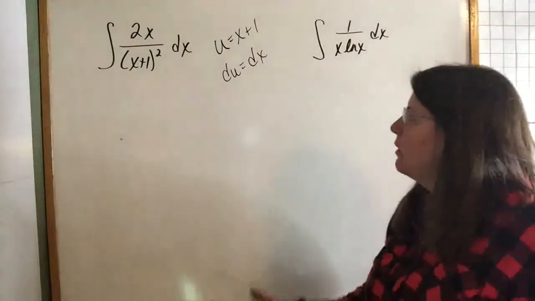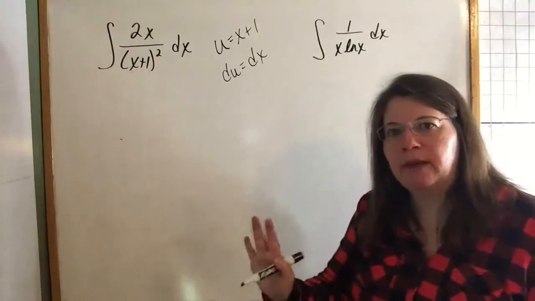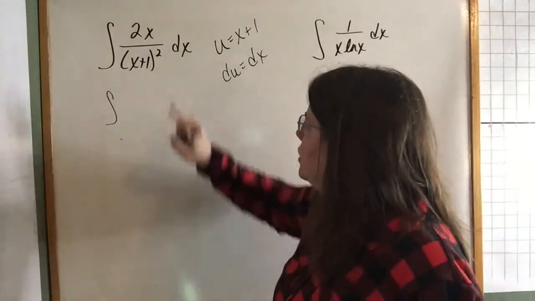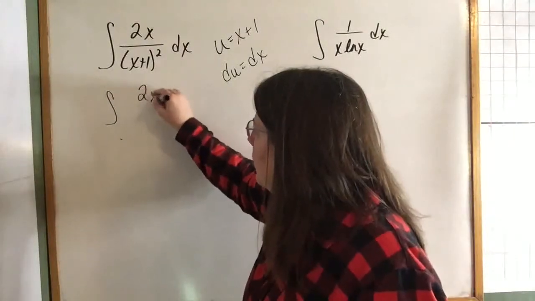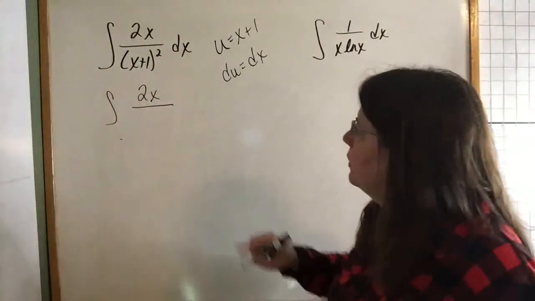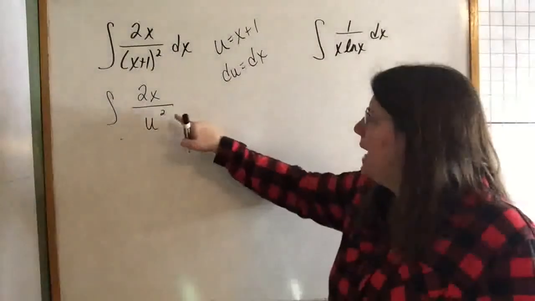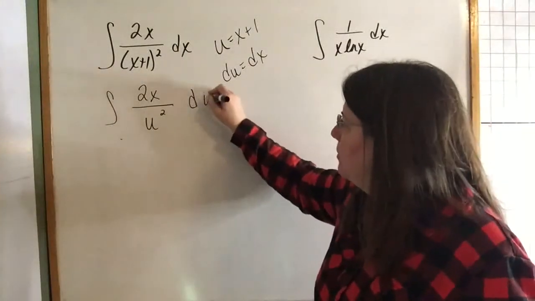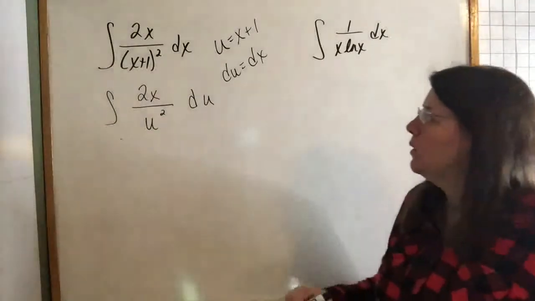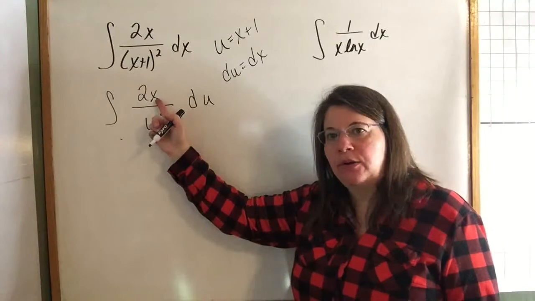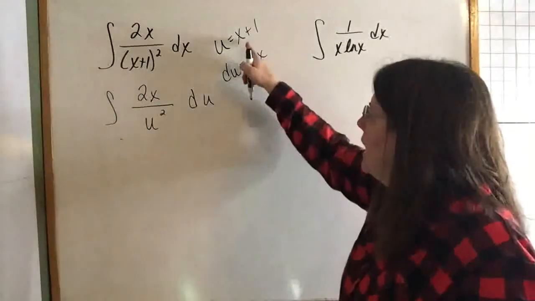Okay, so now let's look at what we get when we substitute this. We have the integral of 2x over u squared times du. Well, we have that extra x part here, so let's replace it with what x equals.